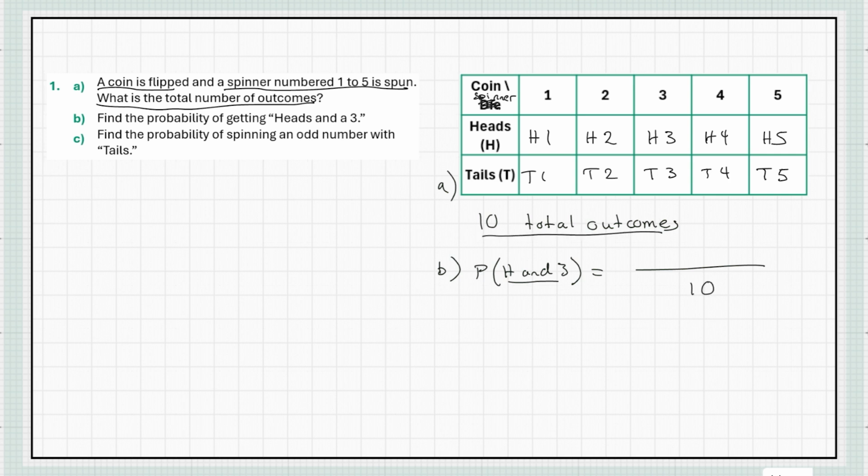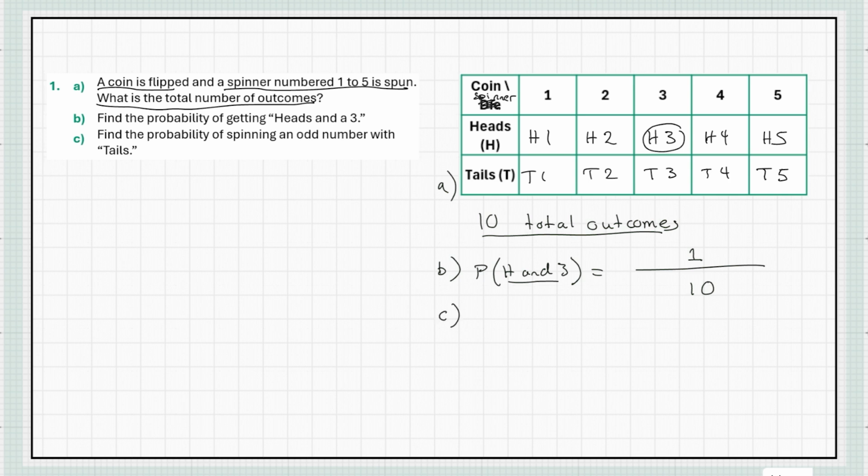So we know that all we need to work out is how many of our outcomes involve getting a head and a 3. And the only one that has both of these occurring is going to be this one here. So there's only really 1 out of 10 times when we ran this experiment would we expect to get a head and a 3. Right, let's get on to the next one.